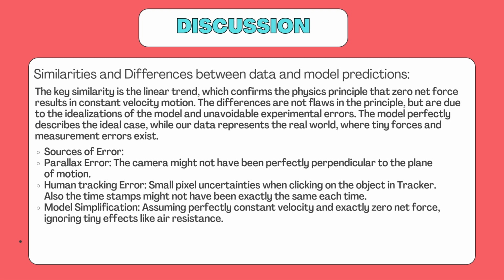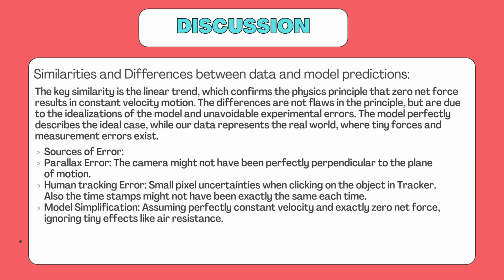Some similarities and differences between the data and model predictions: the key similarity is the linear trend, which confirms the physics principle that 0 net force results in constant velocity motion. The differences are not flaws in the principle, but are due to the idealizations of the model and unavoidable human experimental errors. The model perfectly describes the ideal case, whereas our data represents the real world, where tiny forces and measurement errors exist.